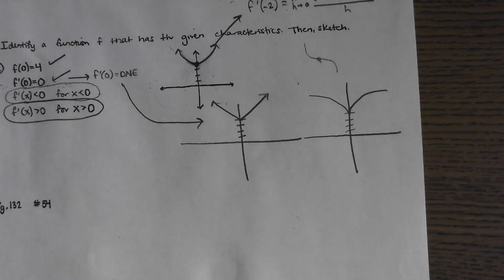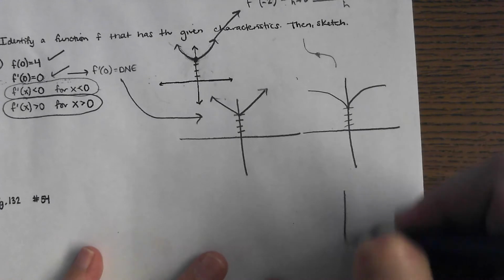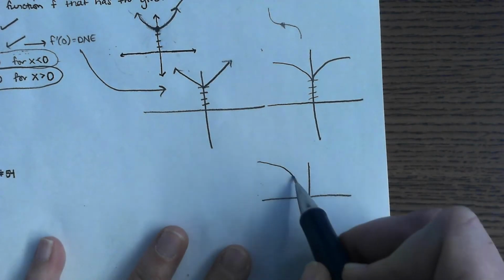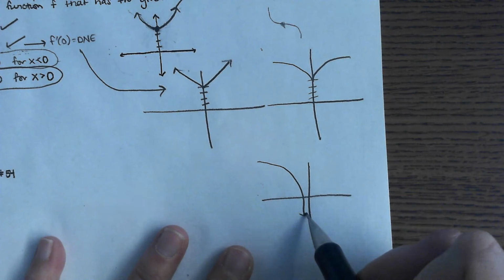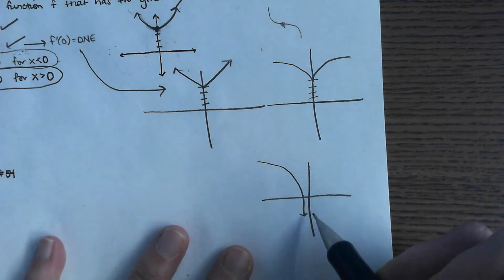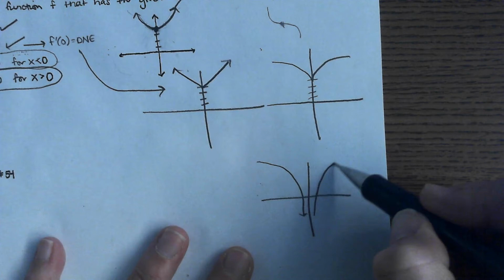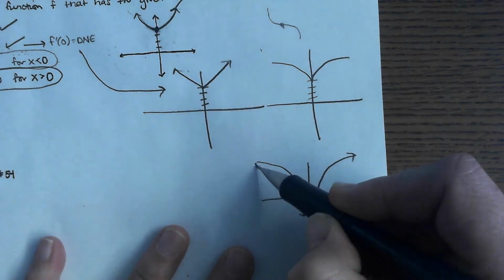How about something other than coming to a point? Why else might a derivative not exist? Right, you could have an asymptote at 0 in a case like that. You could be decreasing coming into 0, but never actually get to 0, right? But everything up to 0 would be decreasing, and then everything coming out of 0 would be increasing.